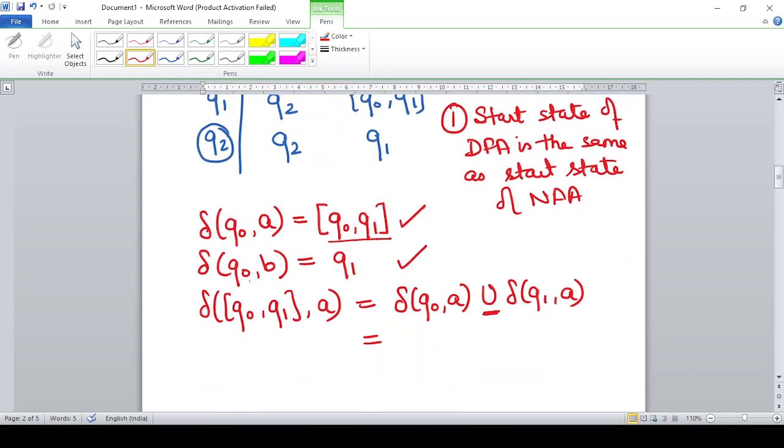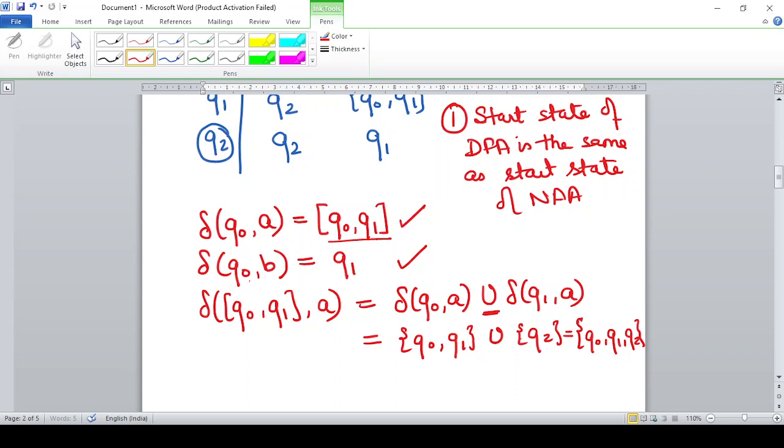So it becomes something like this. It is q0 q1 union q2. So what it comes out to be equal to, now when I write this, you are getting q0 q1 q2. But you will not put a curly bracket over here, because a curly bracket means three states, whereas you are converting it into a DFA.